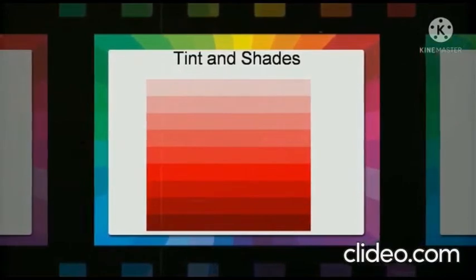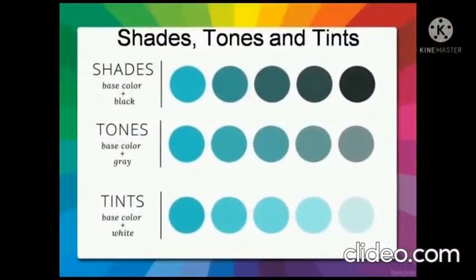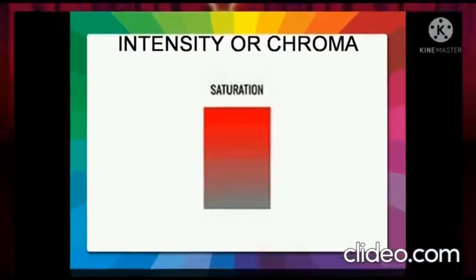Addition of white increases lightness or brightness and increases the value of a color. It also increases the reflection of light. The addition of black darkens and decreases the value, creates shades of the color, and also adds more visual weight.